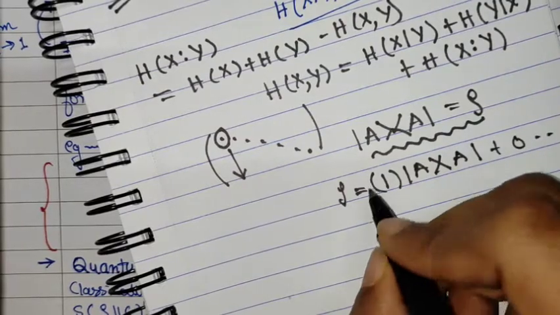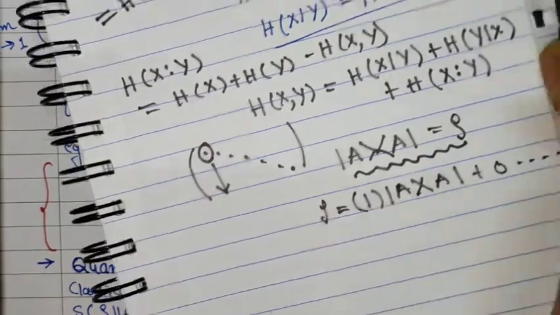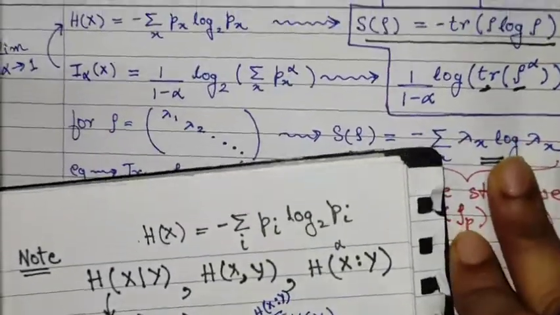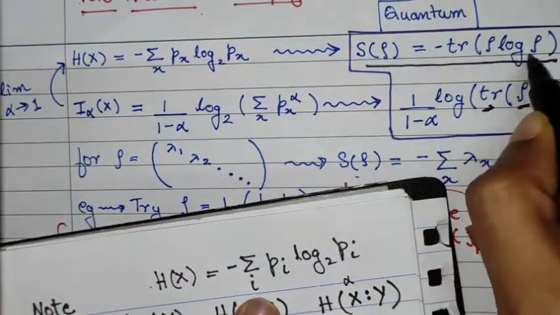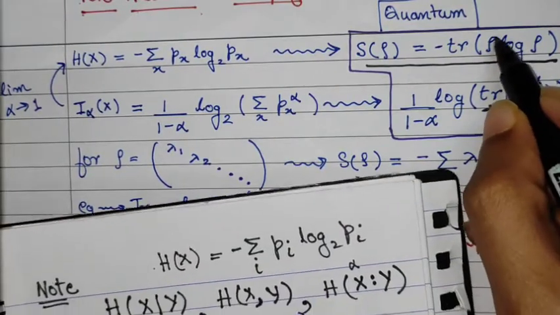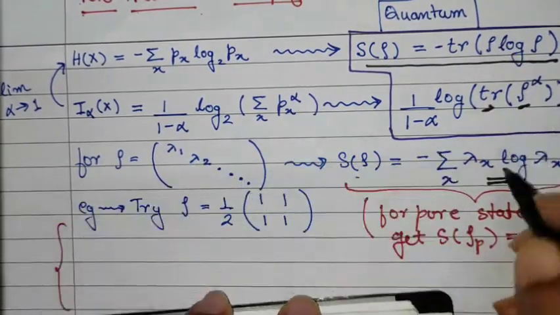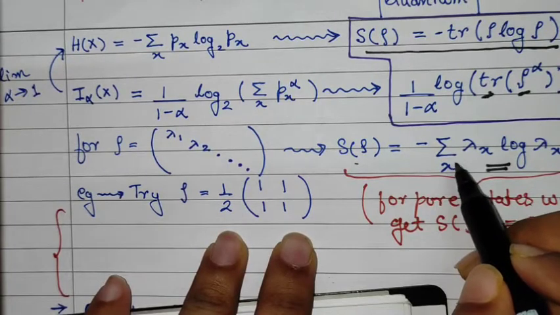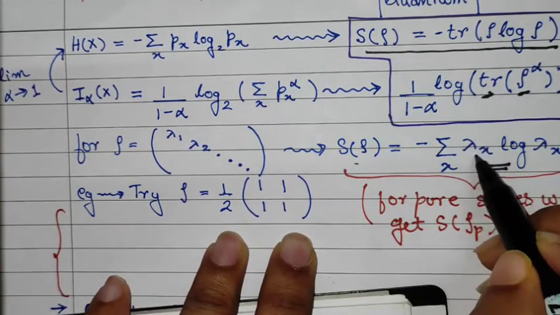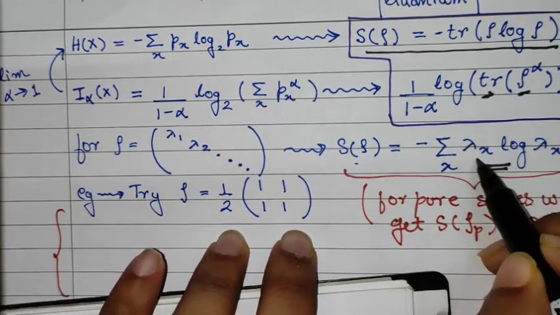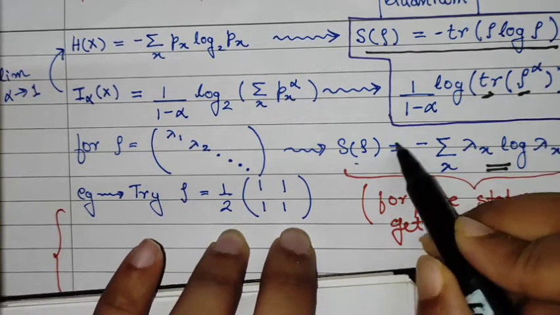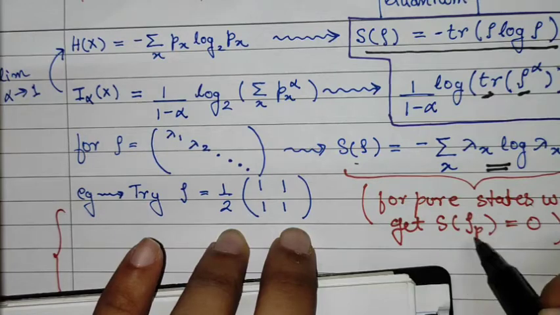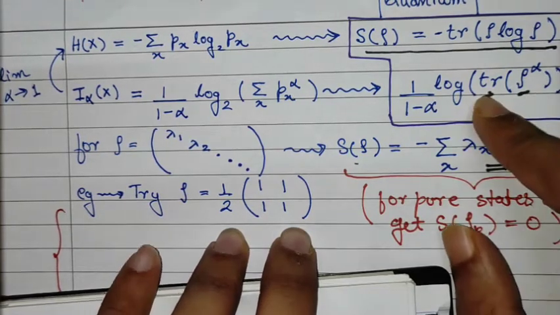So when I use the formula for S of rho, I will get only one of the probabilities. In this summation, the summation will only be with lambda equal to 1 and then log of 1, but log of 1 is 0. So the entropy of a pure state is always 0.